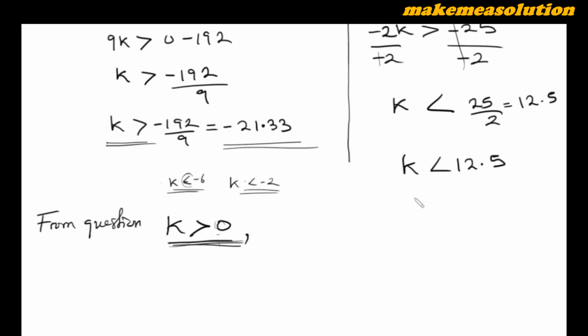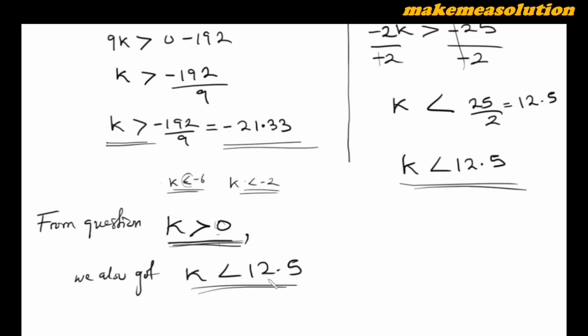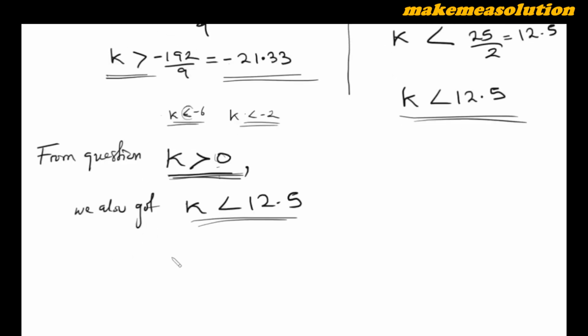So in the second hand, we also saw that k is less than 12.5. So this has already formed a block of values from 0 to 12.5.